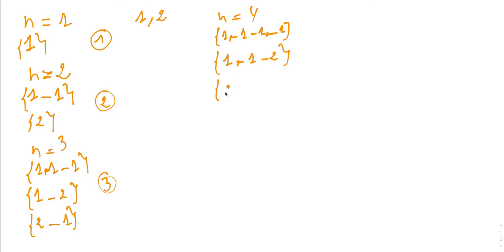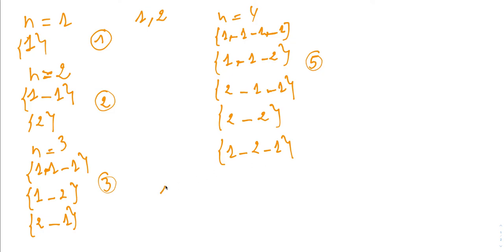We could take two at the beginning and the ones at the end. We could also take two and two. I think I missed something. Yes, the last one, we could take the two steps in the middle. So in this case we have 5 possibilities.